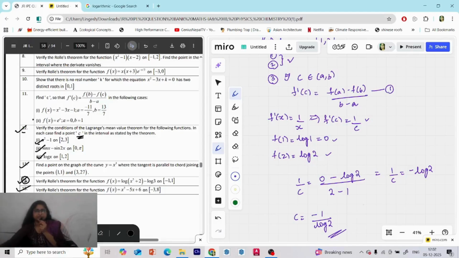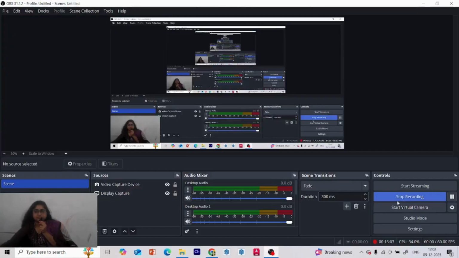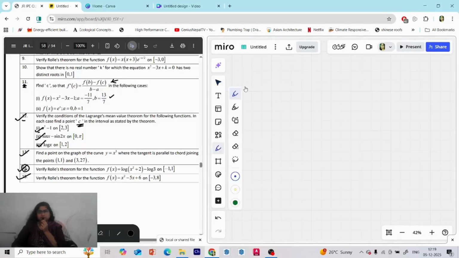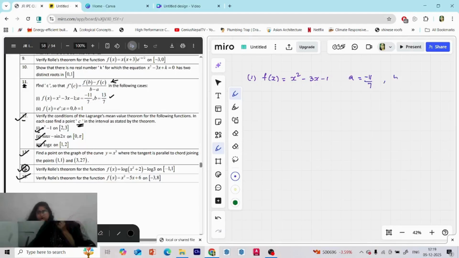నెక్స్ట్ చూద్దాం. Find c so that f dash c is equal to f of b minus f of a by b minus a. This is Lagrange's mean value theorem. So you have to find c. f of x ఇచ్చాడు, a ఇచ్చాడు, b ఇచ్చాడు. First bit: f of x is equal to x square minus 3x minus 1. a is equal to minus 11 by 7. b is equal to 13 by 7.